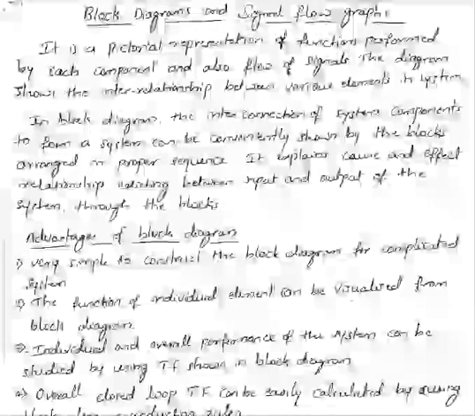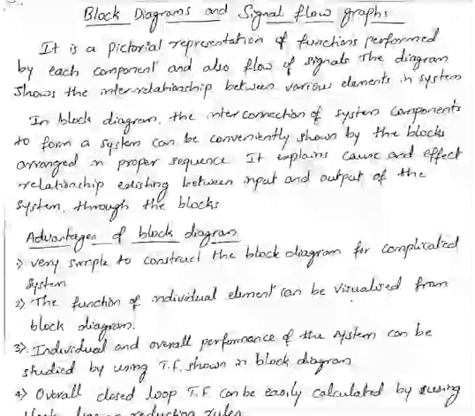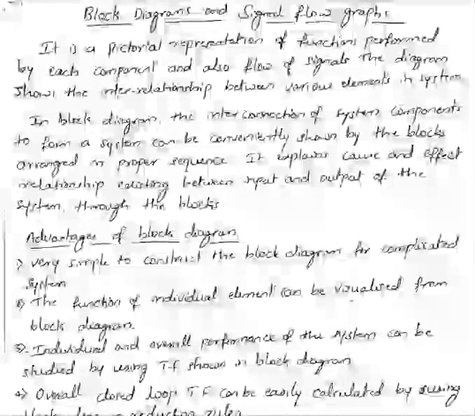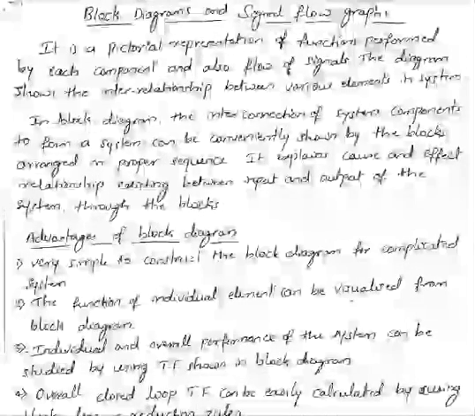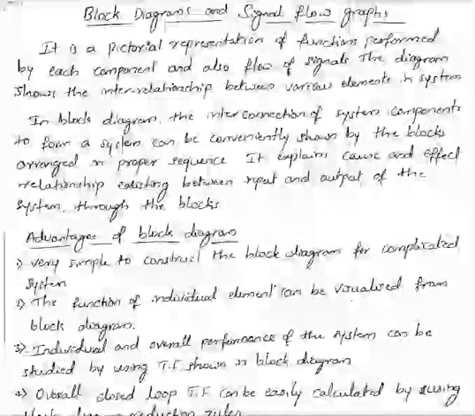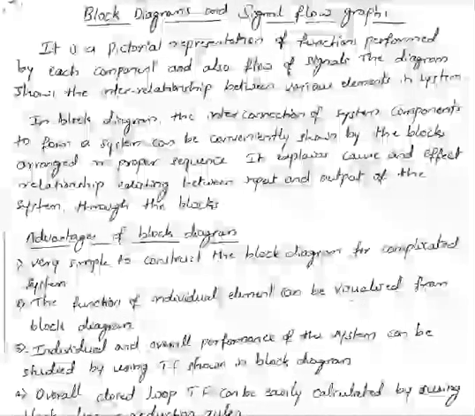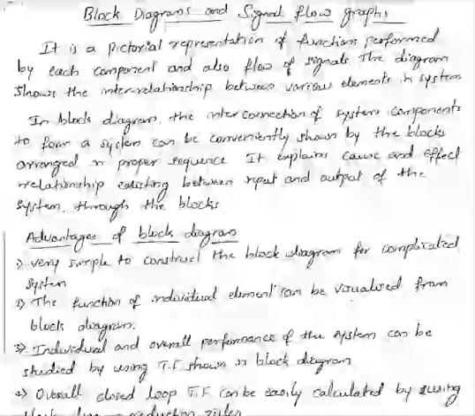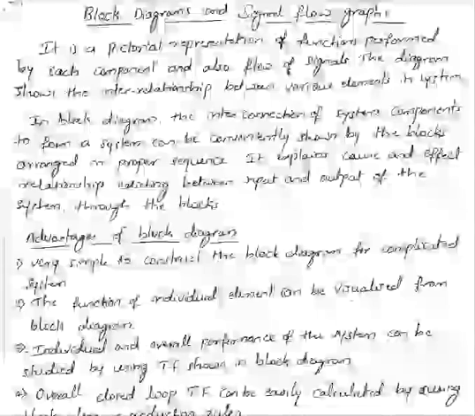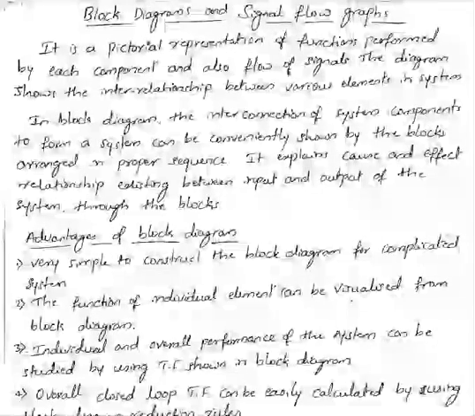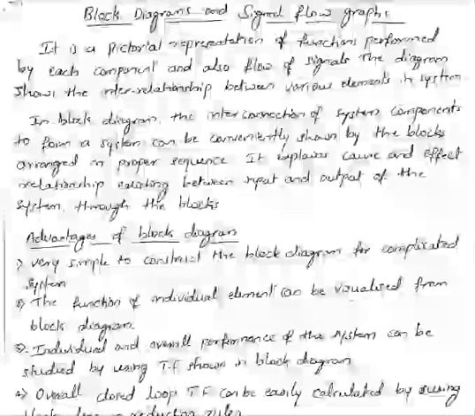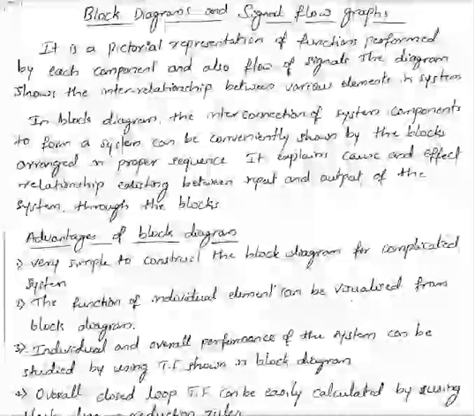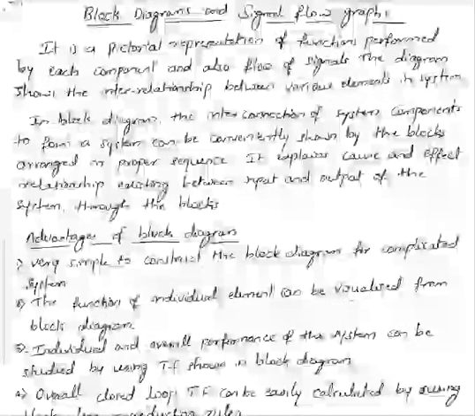So you can call it an assembly. Each element in a system has a different function. The ultimate aim is to get the proper output. If there are any variations in any of the elements or the function of any element, the output will deviate from the desired one.